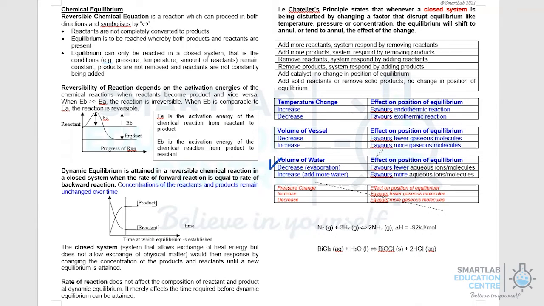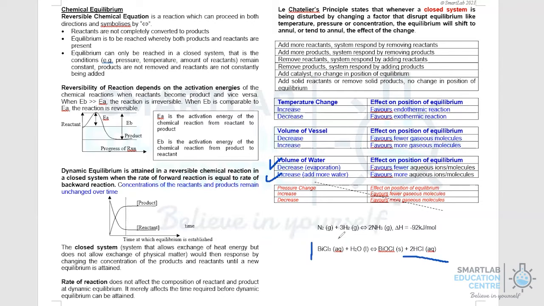Finally, if you want to look at the change in the total volume of water, in this example let us increase the volume of water by adding more water. In this case, if more water is added, it favors more aqueous ions or molecules. The total volume of water in the reacting mixture is similar to the volume of a vessel when gaseous reactants are reacting.